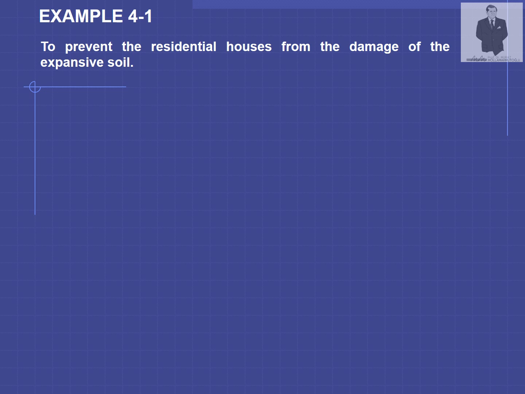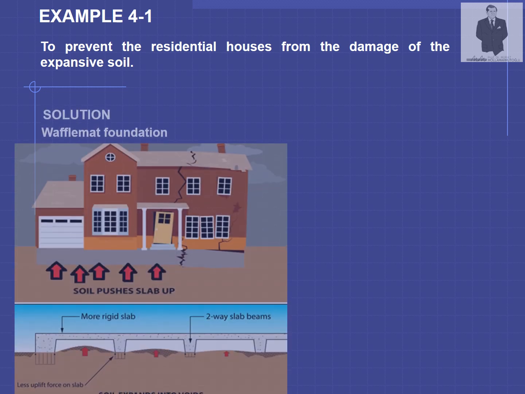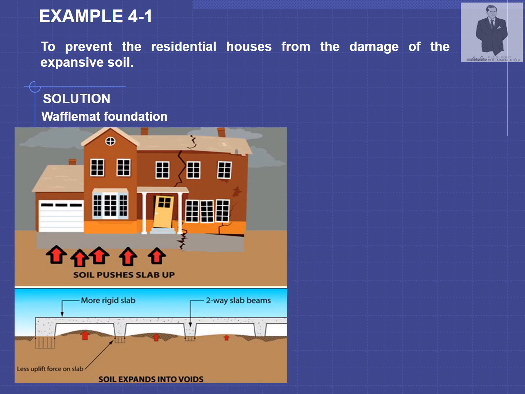The expansive soils are almost everywhere in the world, but most commonly in arid and semi-arid regions. And there are several methods to overcome this problem, but in this project, the smart application was waffle mat foundation. If you look at the lower portion of the figure, you will see the details of the waffle mat foundation.